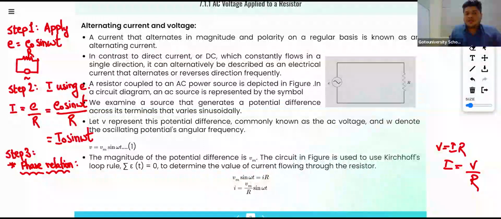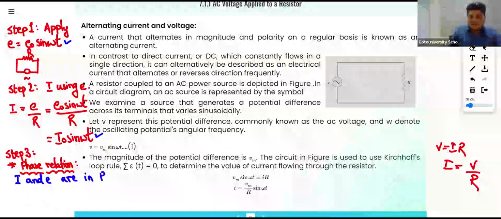What is the relation between EMF and current? See, E is equal to E naught sine omega t and I is equal to I naught sine omega t. Both will start together, both will reach peak value together, and both will end together. That means current and EMF are in phase.